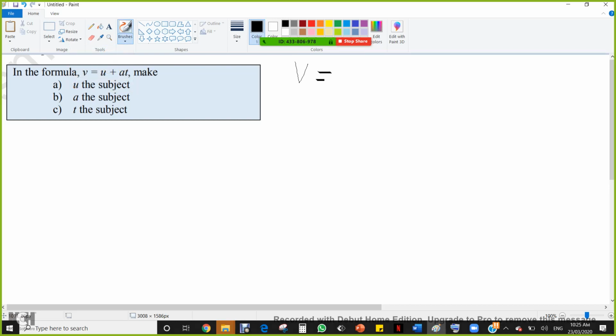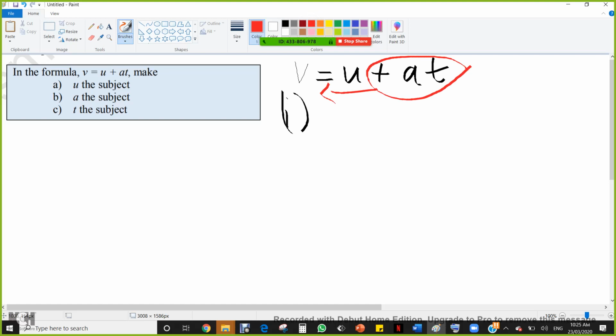V is equal to U plus AT. And the first one, we have to make U the subject of the formula, right? So basically, all we have to do is take this and carry it across.